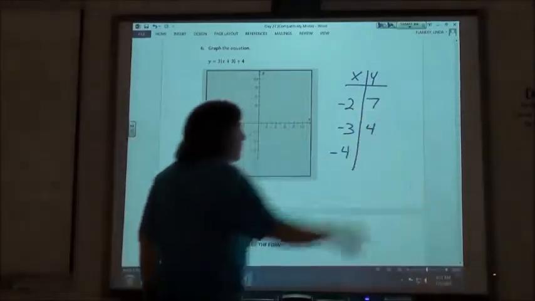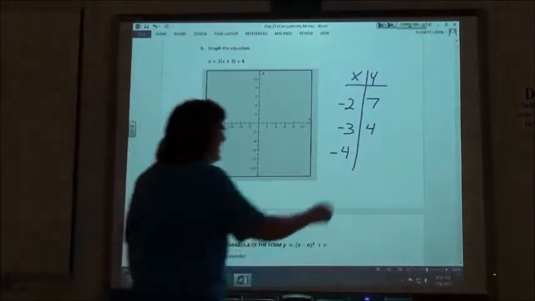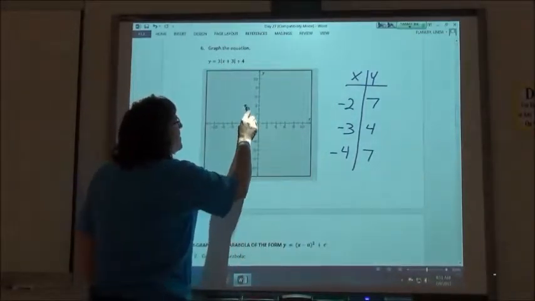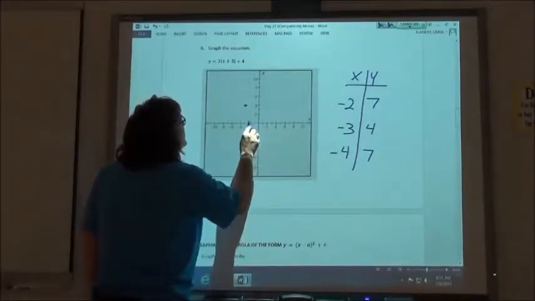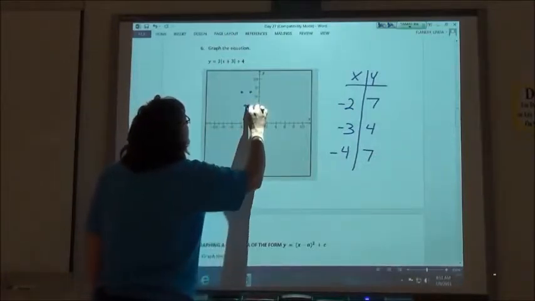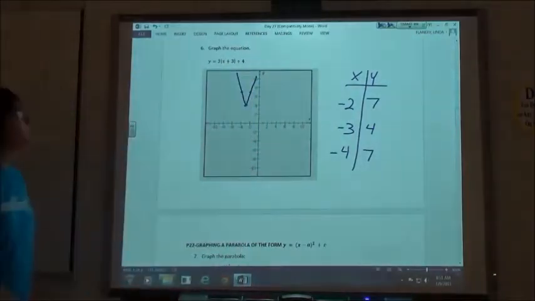And if you put negative 4 in there, you're also going to get a y value of 7. So negative 3 up 4, negative 2 is up to 7, and negative 4 is also up to 7. And then we can draw our absolute value function.